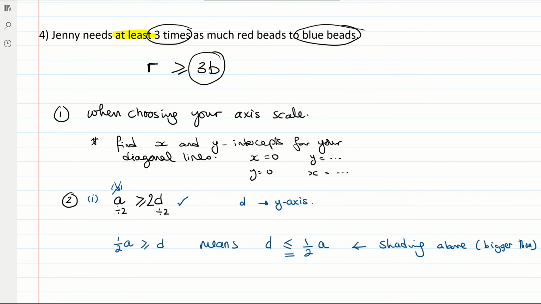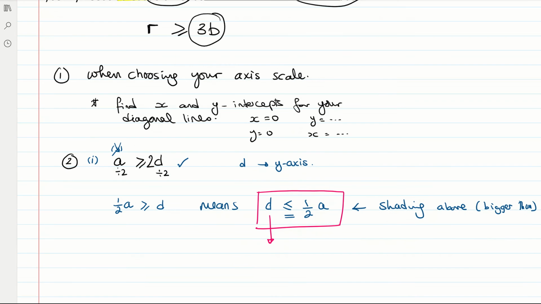So make sure in your head you know which letter is Y and which letter is X, and make sure the equation that you plot is rearranged.